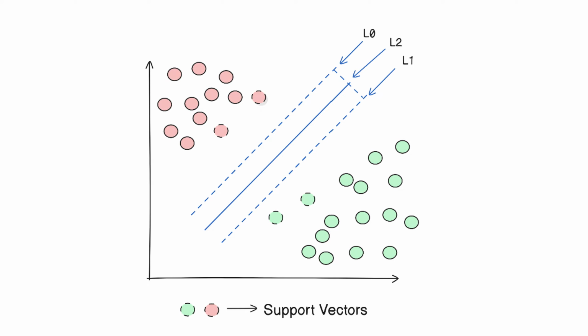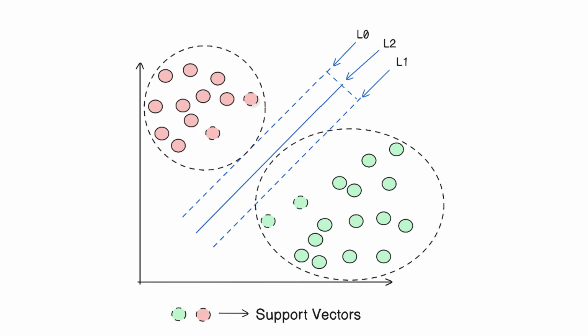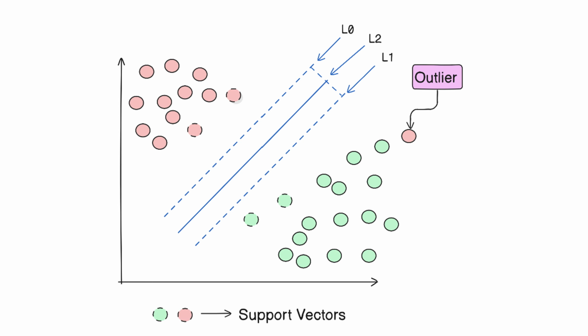One is blue class and other one is red class. Here L0 and L1 are the positive and negative hyperplanes, also known as gutters. And here we have L2 in the middle, which has the maximum distance from both the support vectors. Now here you can see the hard margin is possible because we can classify both the classes clearly without any misclassification.